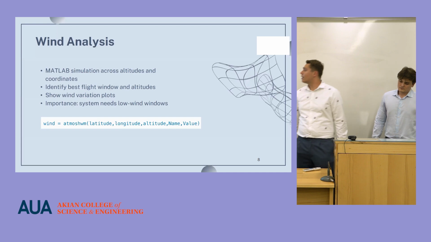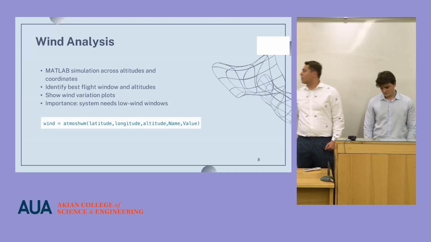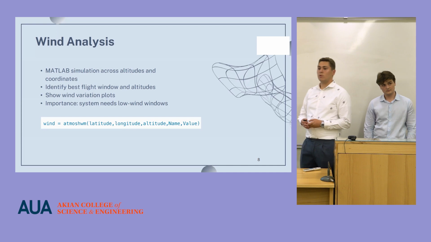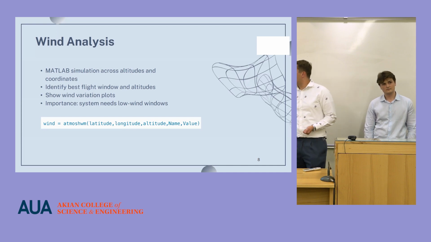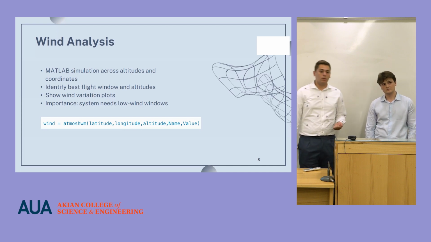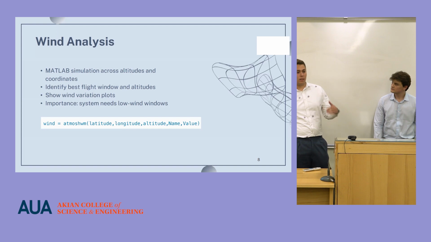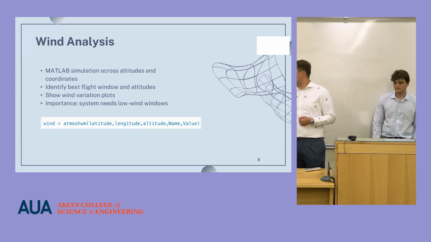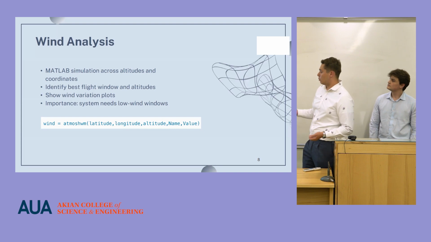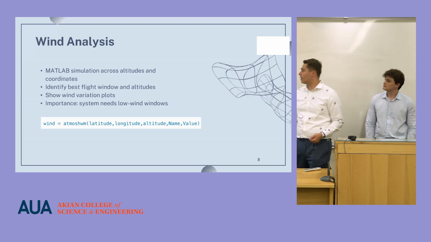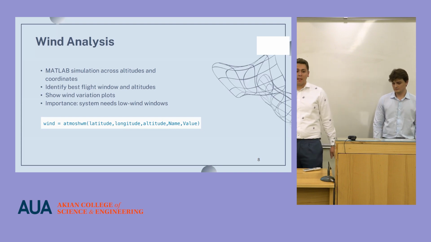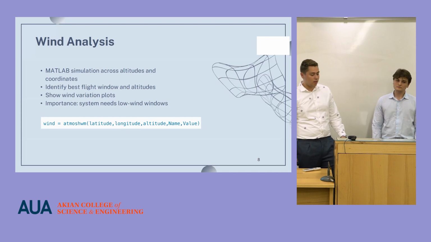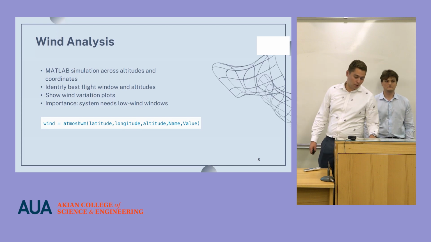As I mentioned, the wind is very important in our system, so we want to minimize it. But we don't have continuous data for the real wind at different points. So the best result we came up with was this function in MATLAB, which gives a small approximation. You just have to put in your coordinates.